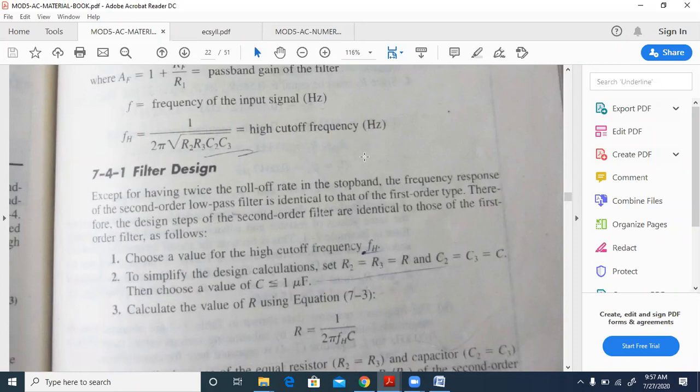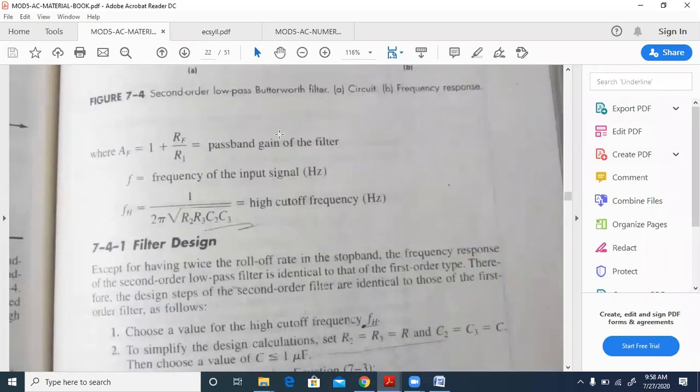Whichever is the nearest available, you can choose, or you can use a 10 kilo ohm pot. Sorry, a 1 kilo ohm pot, and correspondingly you can vary the pot so that RF is equal to 0.586 kilo ohms. Or you can choose R1 equal to 10 kilo ohms, then RF will be equal to 5.86 kilo ohms, and you can use a 10 kilo ohm pot, and that will suffice.